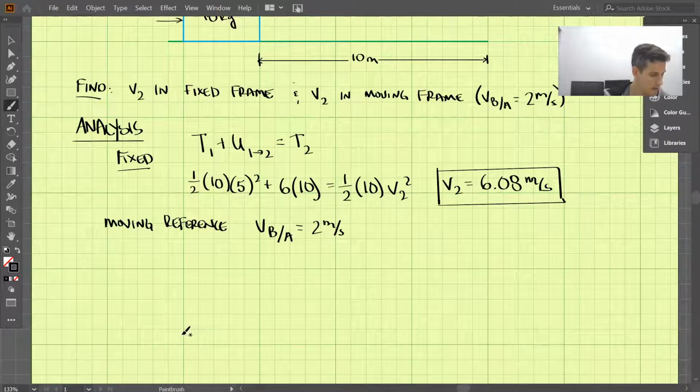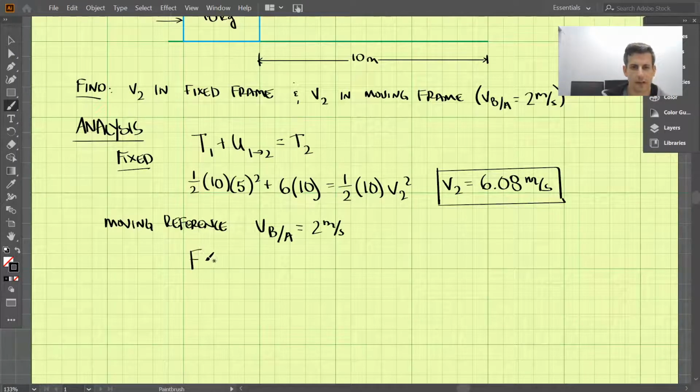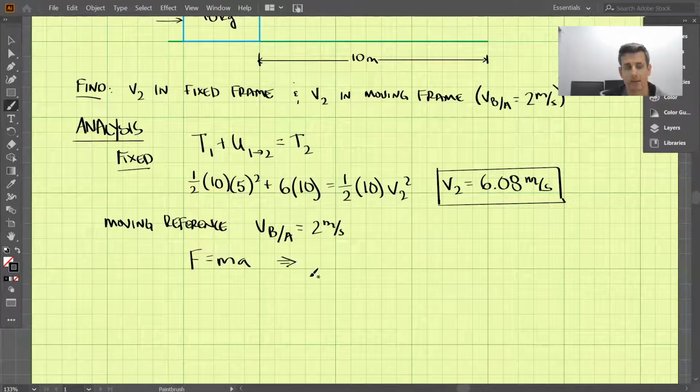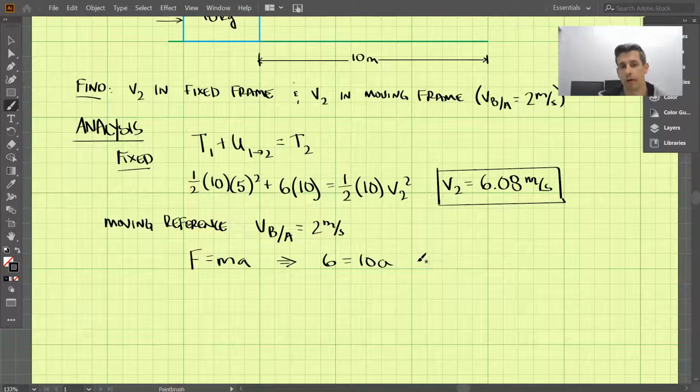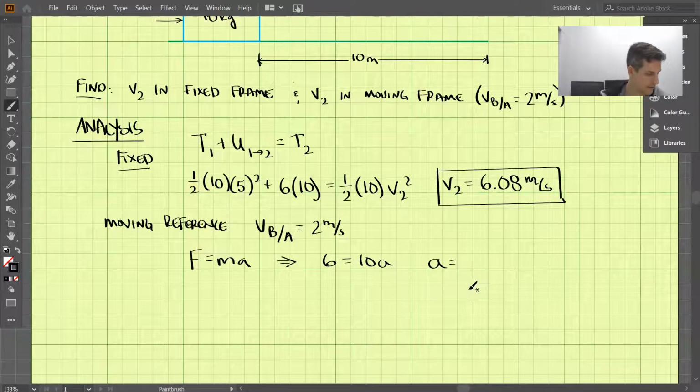We first need to figure out the acceleration of the block. Remember, F equals ma. The force being applied is 6 newtons, and we have 10 as the mass. So solving this, the acceleration is 0.6 meters per second squared.